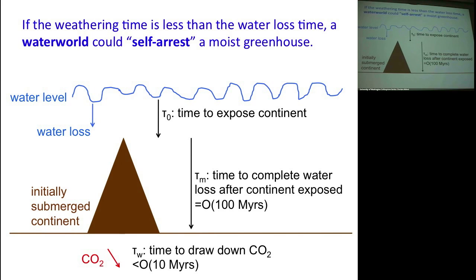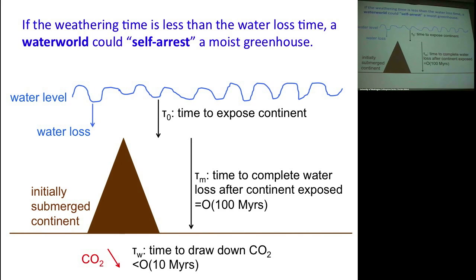The idea is, if the water world gets such a high CO2 that it puts itself into a moist greenhouse state, and the water in the stratosphere is being broken apart and hydrogen is escaping, and you're losing oceans of water, what if you reach a point, as you decrease your water level, where you start to expose some sort of land? It might be basalt, it doesn't really matter what it is.